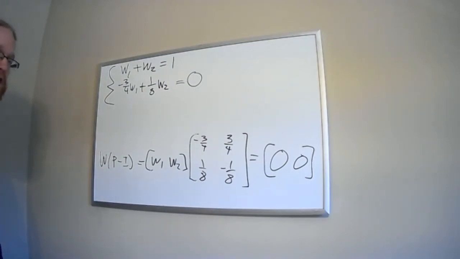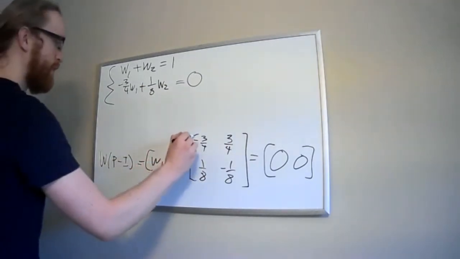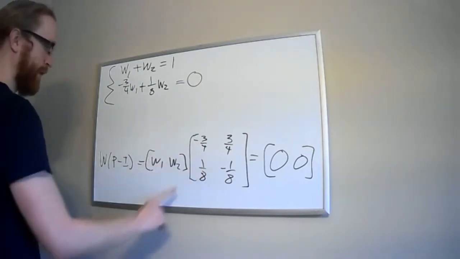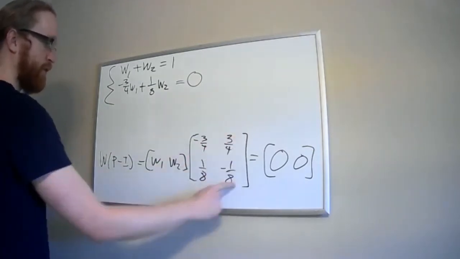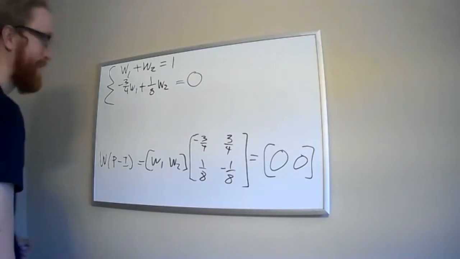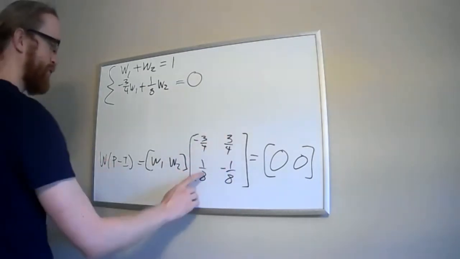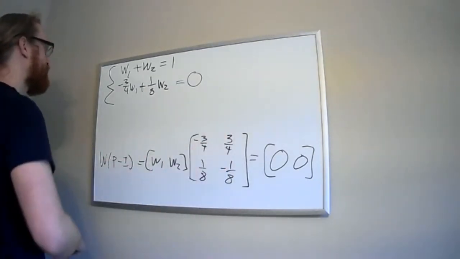So I have more rows than columns, meaning that as I reduce this, I'm going to get a row that's just all zeros, which doesn't tell me anything interesting. So it tells me that I could have gotten rid of one of the equations in the first place. So I can stop here. You basically don't ever have to multiply with the last column if you don't want to. You can save yourself some work and just look at everything except the last column.